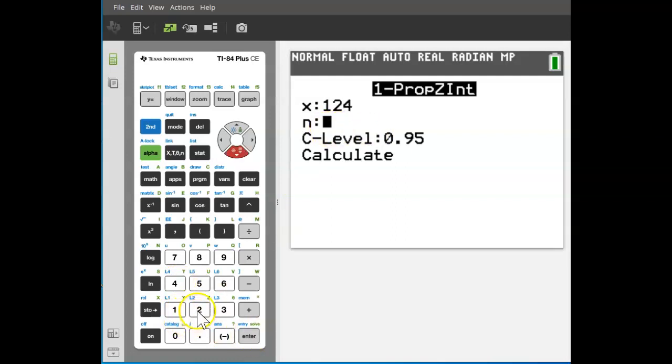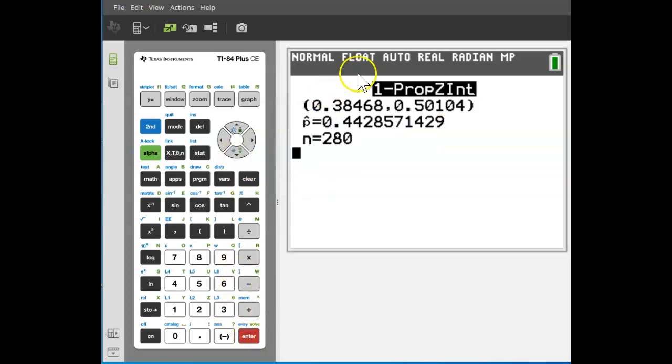Number of total observations, 280. Adjust the confidence level if needed. In our case, it's 0.95. Calculate. Confidence interval is 0.385, rounded to 3 significant digits, to 0.501.